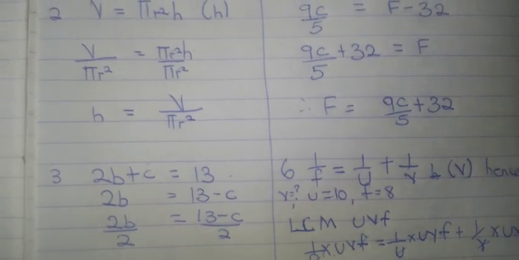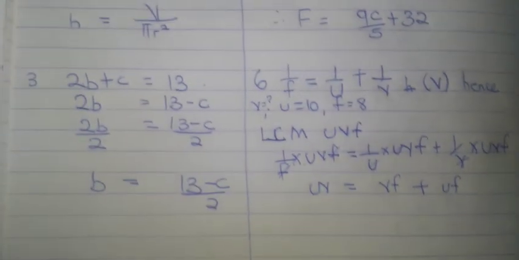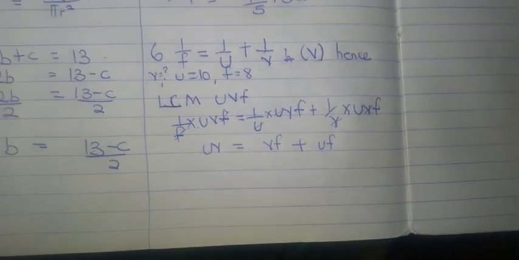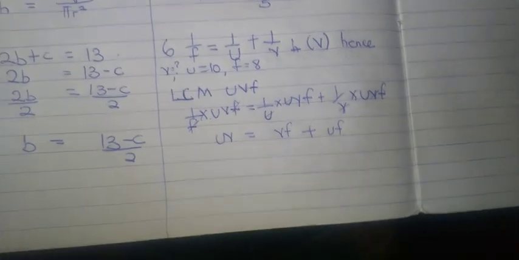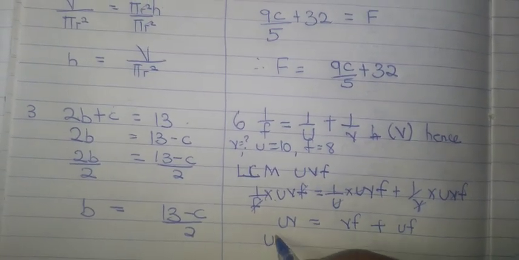V has gone here, we remain with the UF, but the question required us to make V the subject of the formula. Here we see that there are two V's. So we have to bring those two terms containing the V together so that we factorize it out. So I'll just have my UV here.